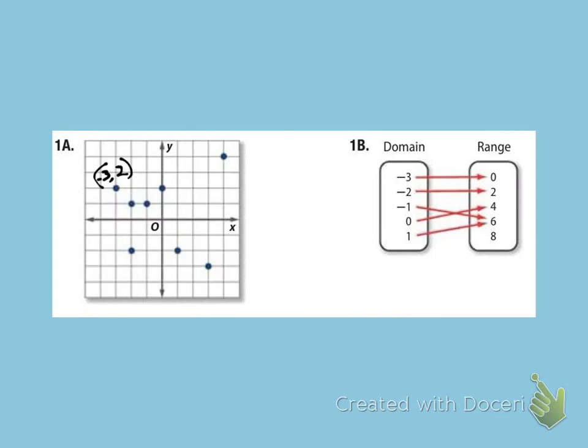Is that right? Yeah, it looks right. Let's see. -2, 1 is right there. -2, -2 is right there. See that? Okay, let's see. -1, 1's right there. Anybody know the answer to this one yet? Yeah.